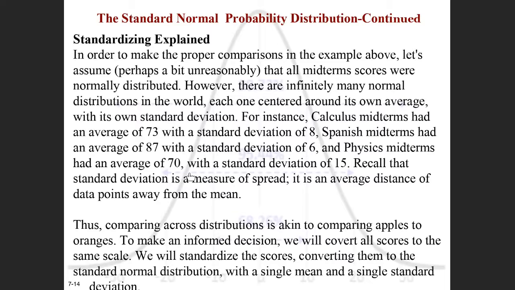So, physics has an average of 70. The deviation is 15, which means if we add 70 to 15, we get 85. We subtract 15 from 70, we get 55.